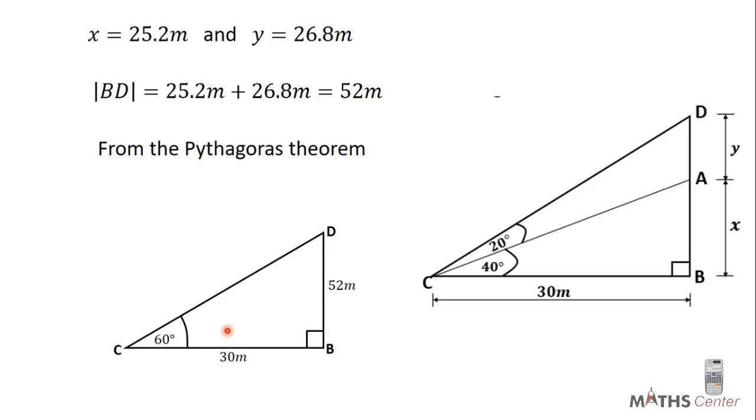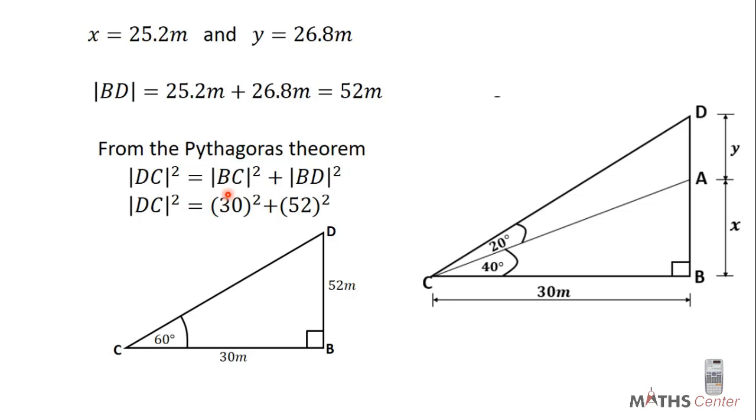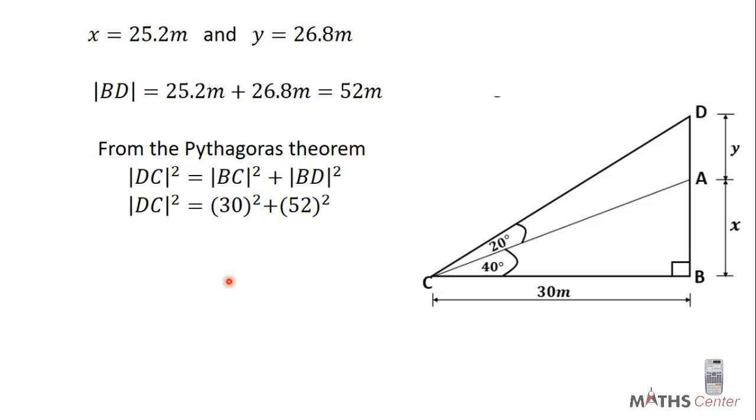If you apply the Pythagoras theorem on this right angle triangle, you will see that DC, which is the hypotenuse, DC squared is equal to BC squared plus BD squared. We are looking for DC. So DC is equal to BC is 30 meters, so 30 squared plus BD, which is 52 meters, so 52 squared. So let's solve our equation.